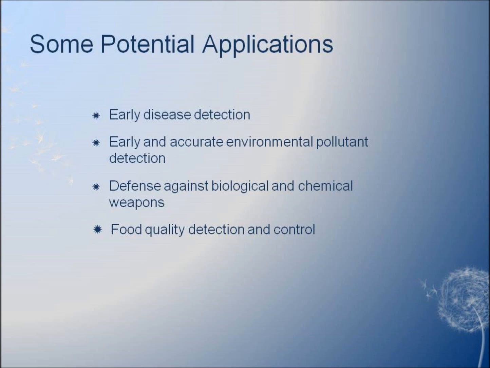Contaminants can be detected in low concentrations and in real time. And then we have defense against biological and chemical weapons, initiated by the Department of Defense, and food quality detection and control, where sensors can be placed in food packaging to make sure they are safe for consumption.